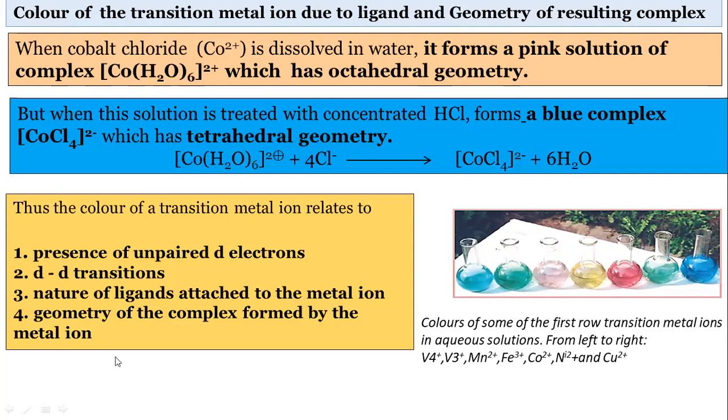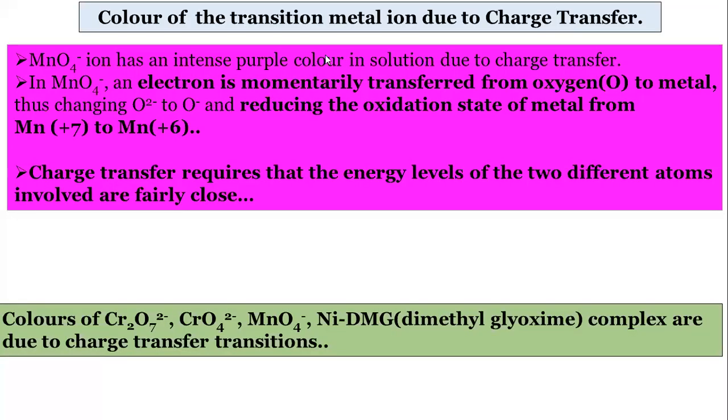Except these four points, one important point is there: color of the transition metal due to charge transfer. It means if the charge is transferred from one element to another element, color is also there. So we know a famous example.